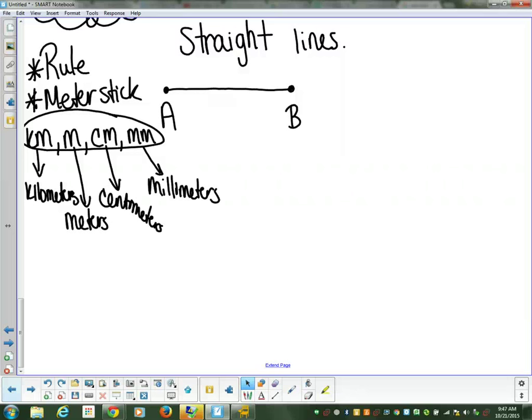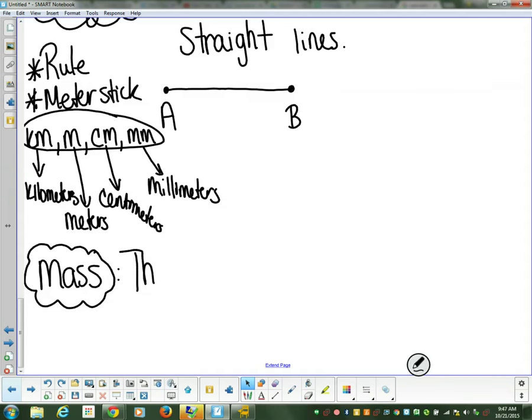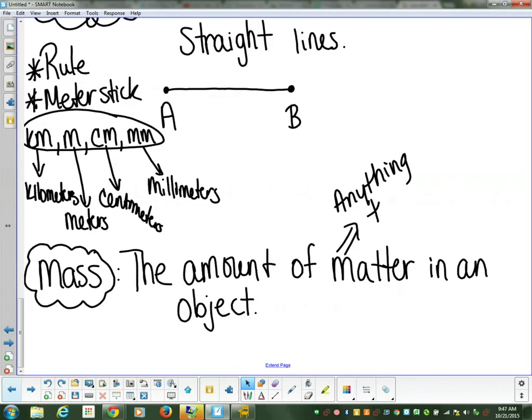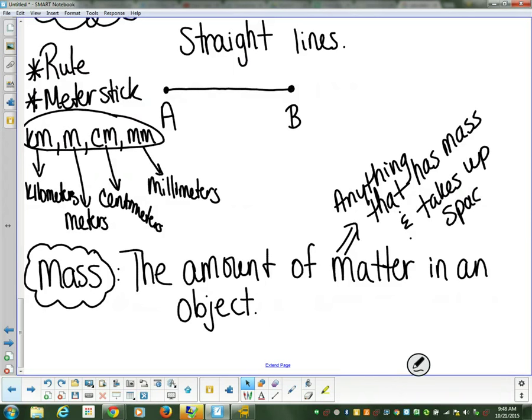Okay. Next term is mass. Mass is the amount of matter in an object, and matter is anything that has mass and takes up space.